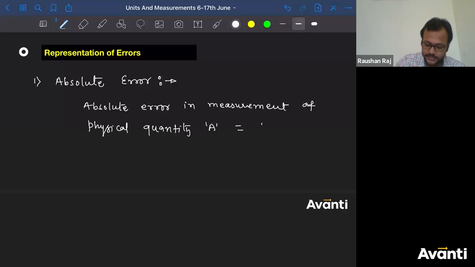I'll represent this as delta A. Okay? So A is the physical quantity. So what is the absolute error? That will be called delta A. So delta A is the absolute error in measurement of physical quantity A.